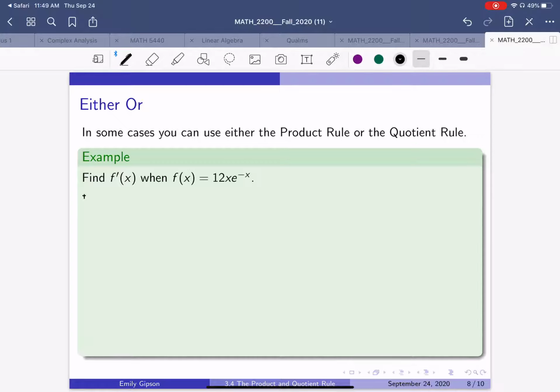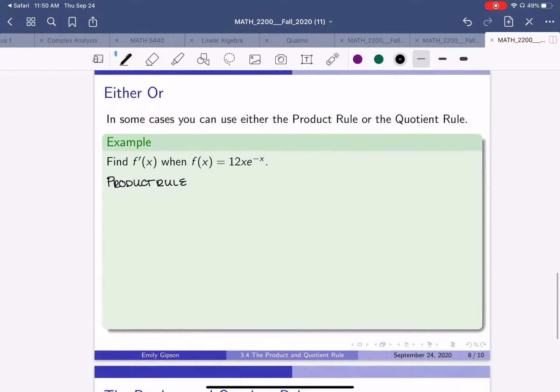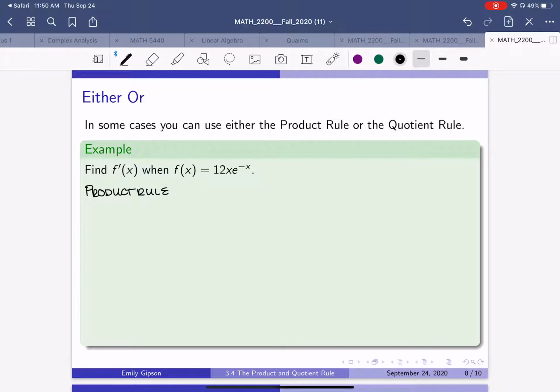So here on this side, I'm going to use the product rule, which says that f prime of x should be f of x, which is 12x, times d dx of e to the negative x, plus e to the negative x times d dx of 12x.